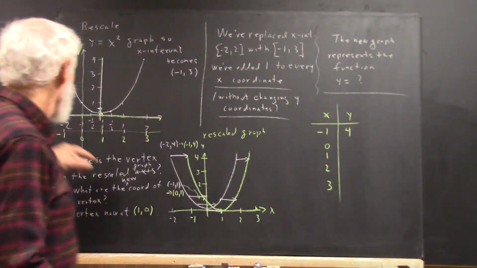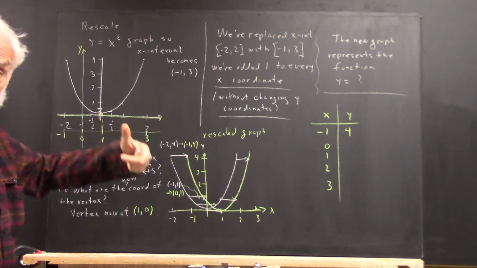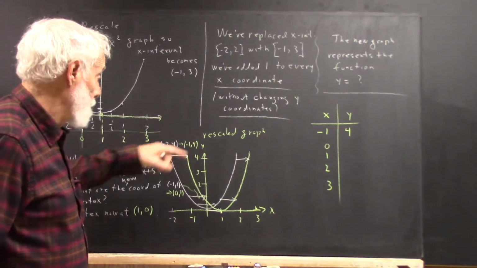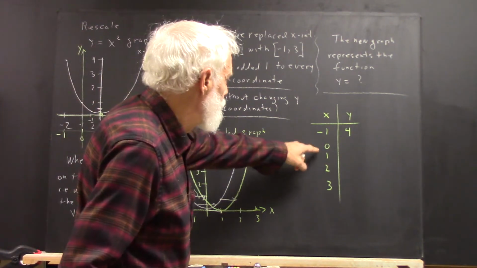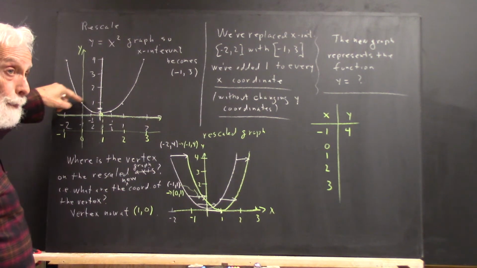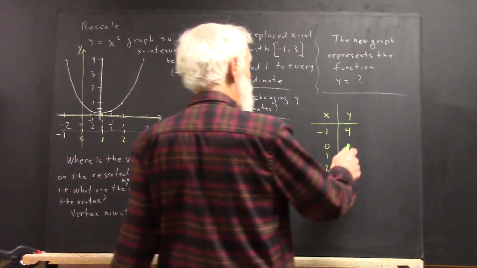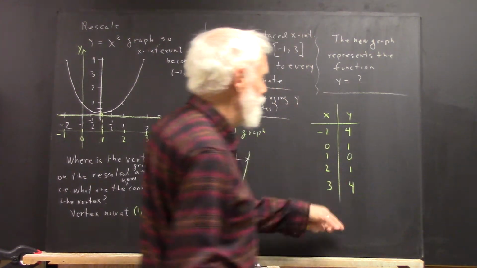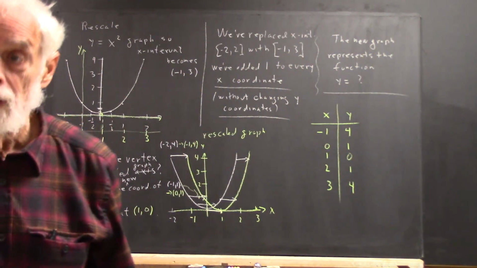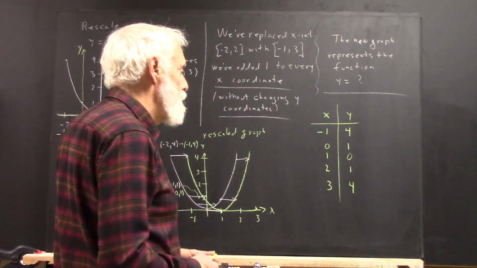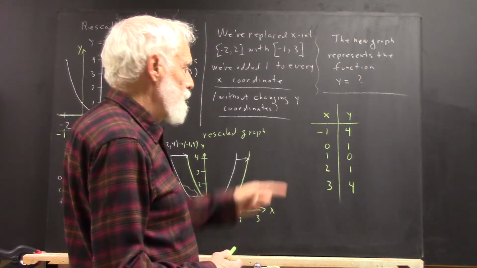So from this picture, just the rule that we followed, we see that this point has to be -1, 4. And 0 comes from -1 over here. Y was 1. So we see that y is going to be 1 here. And if we follow this, we see that the y values are the familiar values for the x squared function. Okay? That make sense?